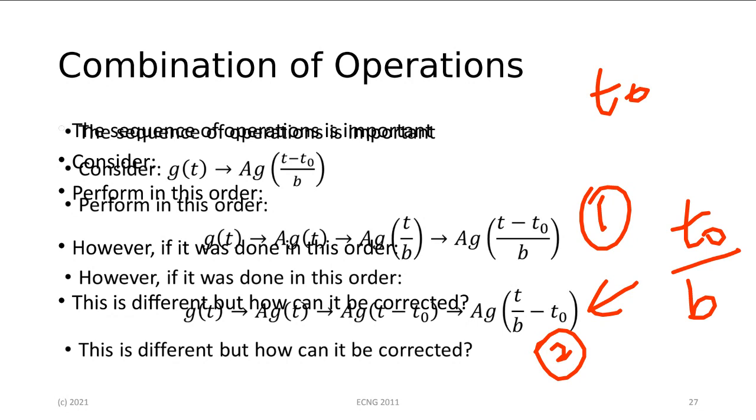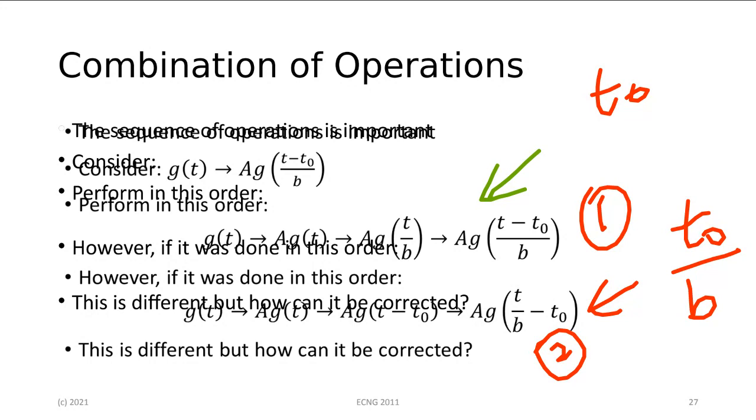So if I happen to do it in this order with the second process, to correct it, I have to change how much I'm delaying it by to get back the correct answer. So in theory, both can give you the correct answer. But the first approach is the more foolproof approach to take.